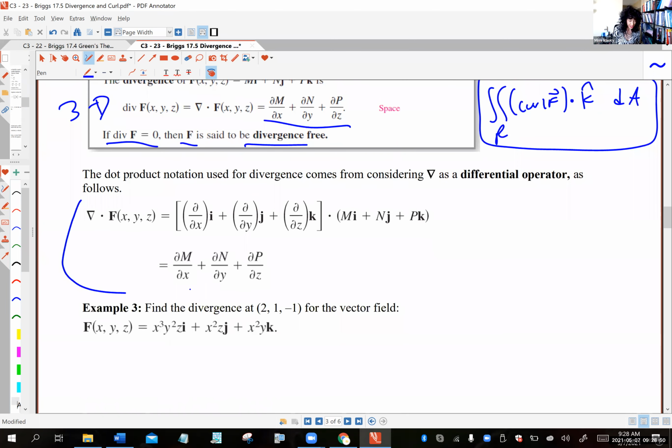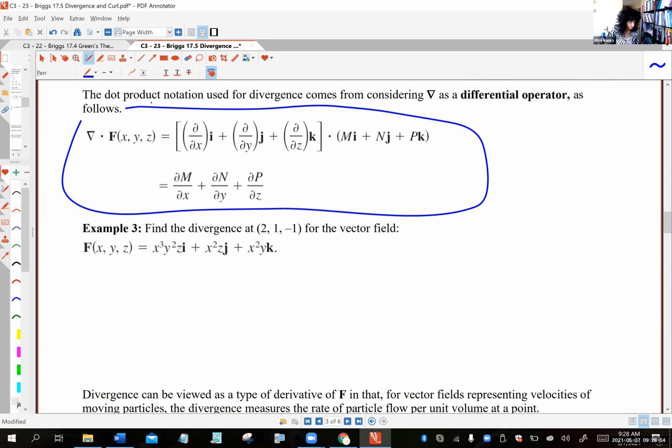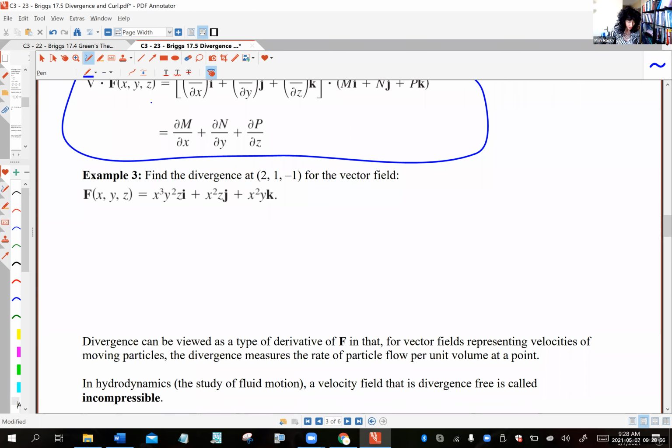So here's that dot product with the differential operator I just showed you. I'm going to do an easy divergence problem. We're going to find the divergence for this vector field and then evaluate the divergence at a point. All right, so here we go. Really easy.